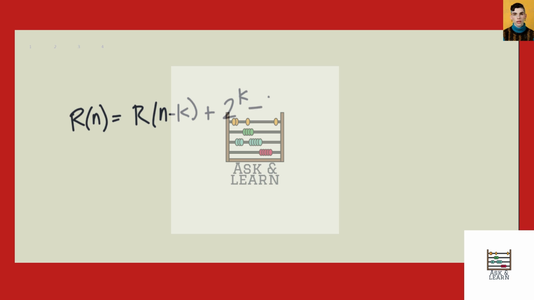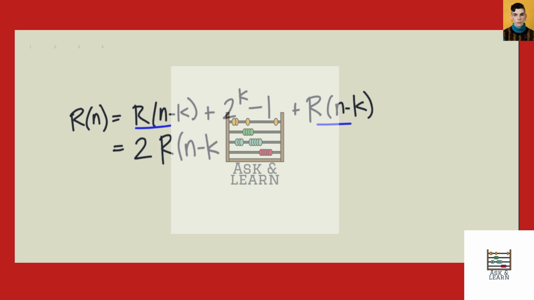That was 2 to the k minus 1. And plus moving all the disks from the second peg, the n minus k smallest disks, to the fourth peg. And we have some common terms here, right? So we can combine these two terms to get 2 times R of n minus k plus 2 to the k minus 1. And that will complete the proof.